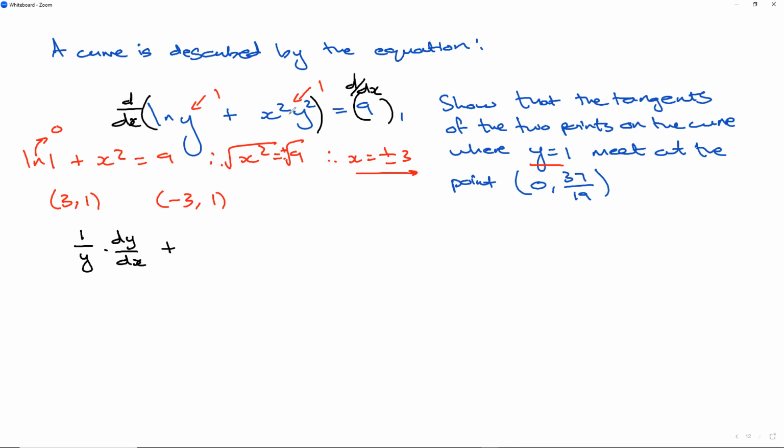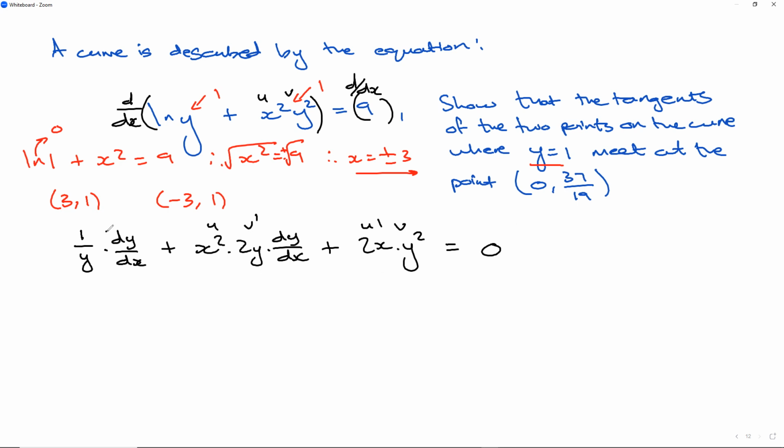When I derive x squared y squared, using u and v, let's say we go x squared times 2y times dy dx, where we're going u v dash, plus u dash v will be 2x times y squared. And then this is equal to 0 because 9 derived is 0.